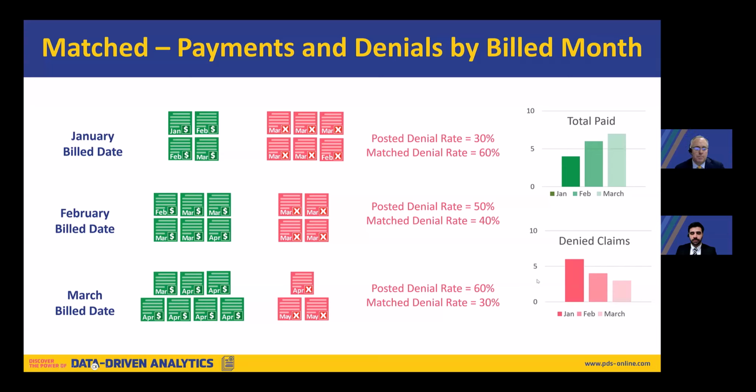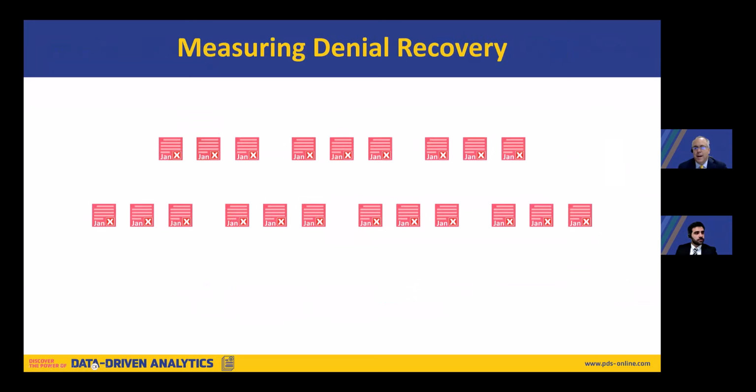Maybe we've operationalized some changes at the front desk that we want to then be able to measure. The only way to really accurately measure that is to do something like this, which is more of a matched denial rate. So the answer is really we need both from a management perspective. That's a good point. Okay. Going a little further, now that we know what happened within those months and how many denials match back to what was billed, that allows us then to do this, which is really match what's happening after we get a denial.